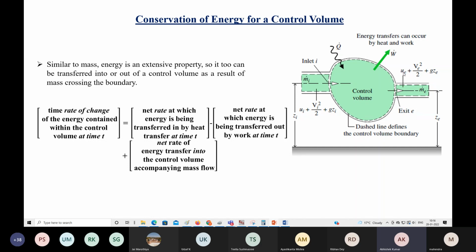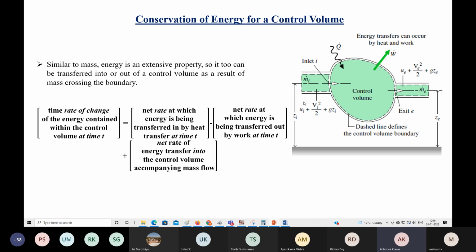That is what happens in the case of a turbine. That is the reason some amount of work comes out or some amount of heat transfer takes place. Also, whatever is coming in has a certain high velocity, and whatever is leaving may have a low velocity.